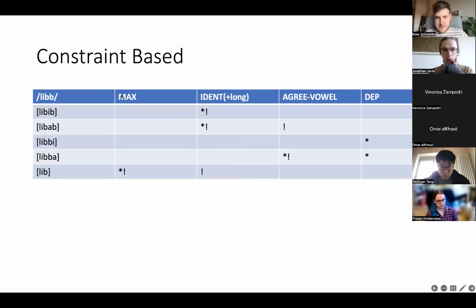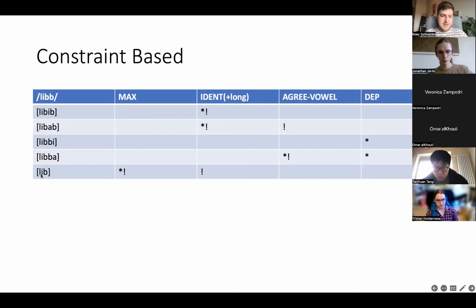So max is the nickname for a constraint that means do not delete anything. So languages obviously delete things, but there is still a linguistic constraint that says to the language, please do not delete anything. Some languages have it very high in their ranking, some languages have it very low, okay?